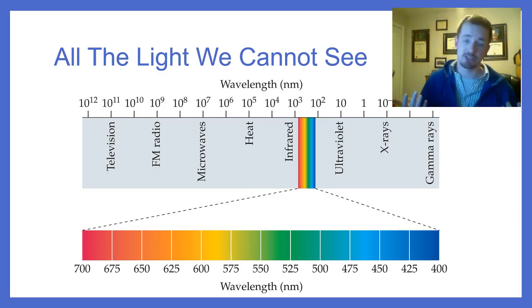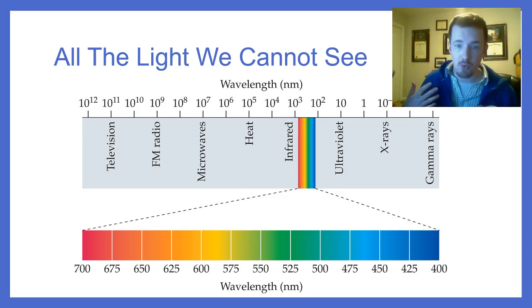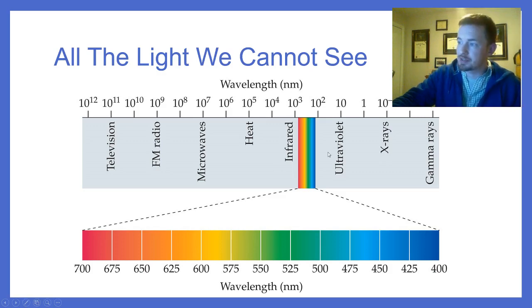For example, television waves are a form of light. We don't see television waves though, right? We don't see radio waves, we don't see microwaves or heat waves or ultraviolet waves or X-ray waves or gamma rays. Unless you're the Hulk or Bruce Banner, you can do that. But for the most part, we see just this very narrow slice of reality, basically.